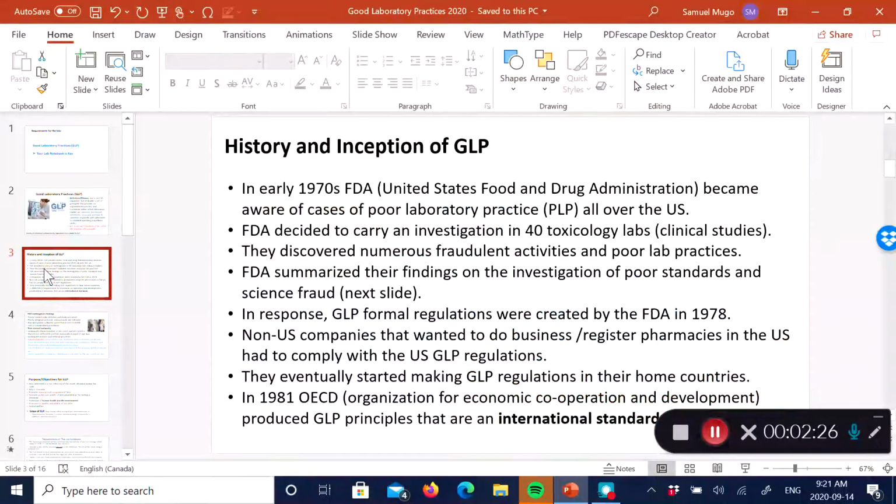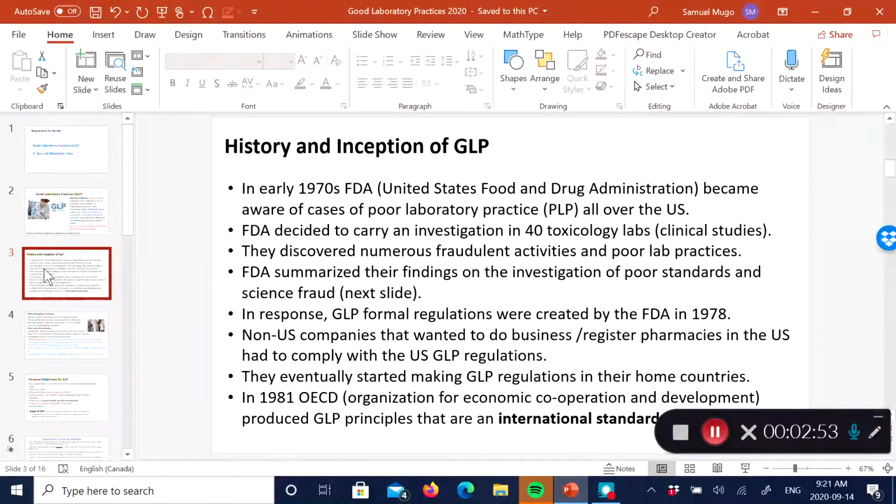Let me explain a little bit about the history and the inception of good laboratory practices. It started around the 1970s. In the United States, the Food and Drug Administration, the FDA, became aware of cases of poor laboratory practices all across the labs in the US.